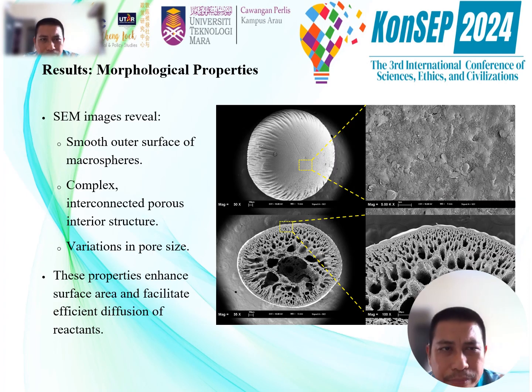Ladies and gentlemen, based on our results in this work, our scanning electron microscope images reveal the smooth outer surface of the microspheres with a certain amount of porous structure on top of that.